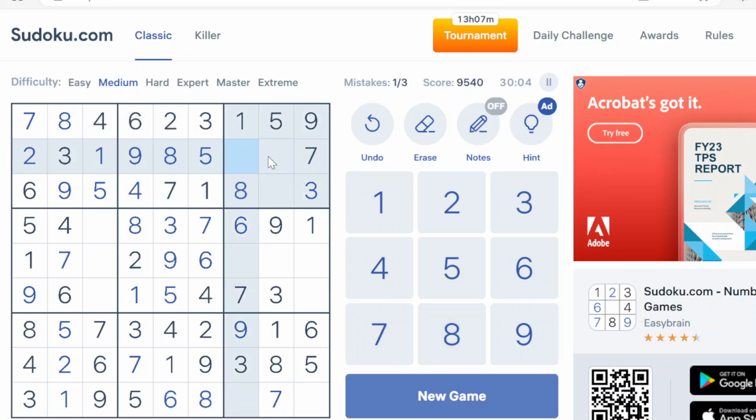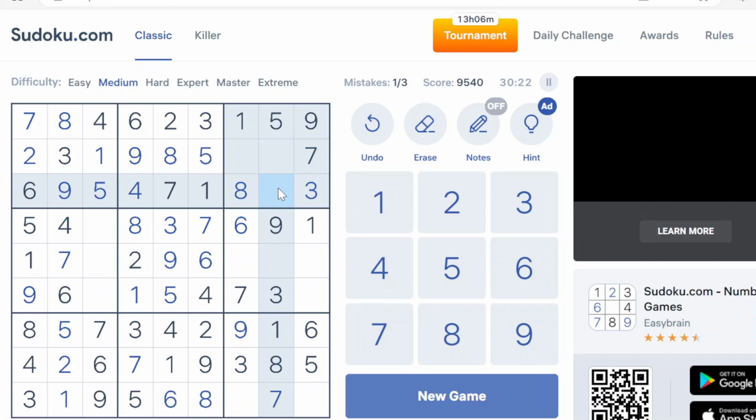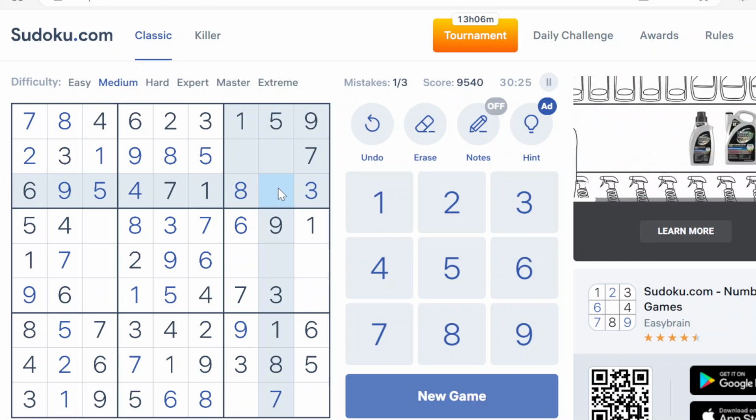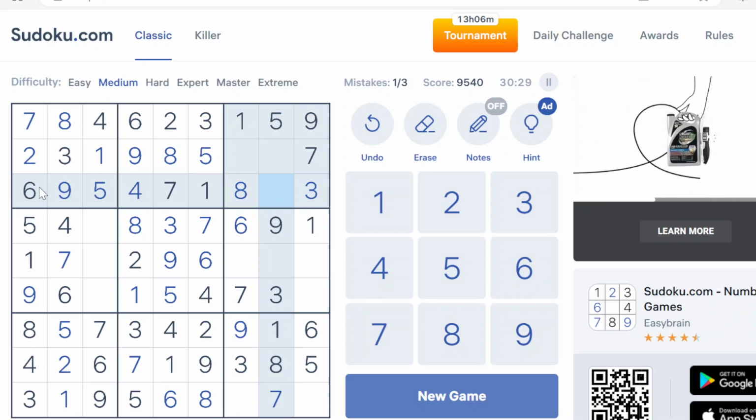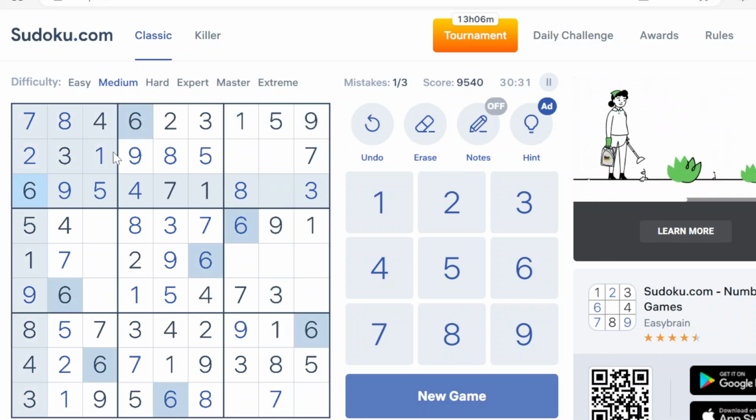And I think we can also finish up this box since these two on the same row are complete. So we just have to look for what numbers this one is missing. And it's missing a 2, a 6, and a 4. So there's already a 6 in this row and this row.